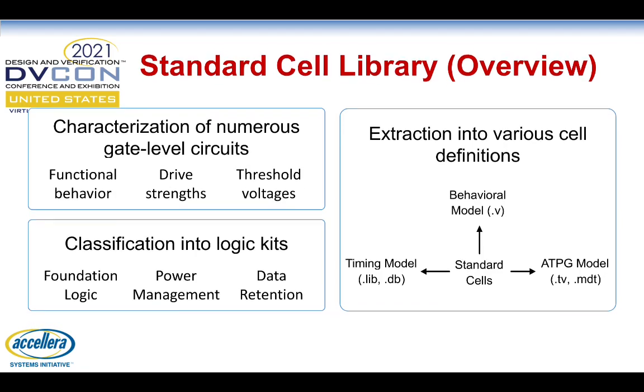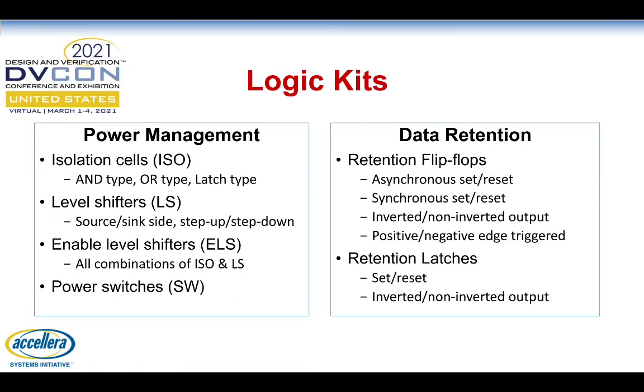The constituents of these kits are, to start with, isolation cells, cells that detach signals crossing from a power gated domain to an always on domain. Then there are level shifters, which step up or step down the voltage levels of signals moving from one always on domain to another.